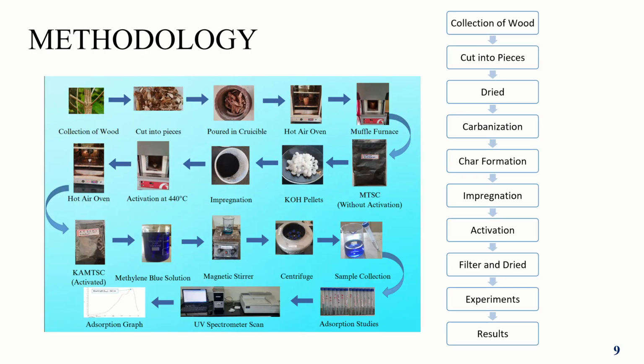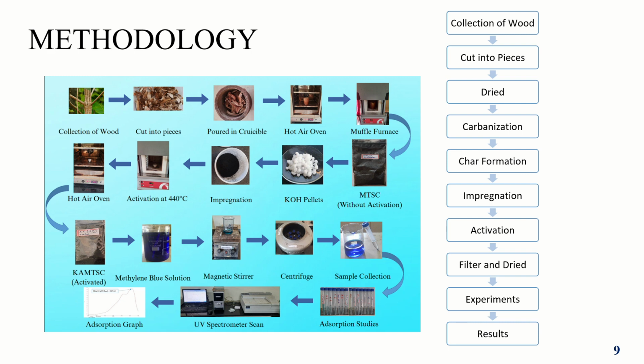This is the methodology. The process begins with collection of wood, cut into pieces, then poured into a crucible, hot air oven, then muffle furnace heating, and carbonization is done. It is mixed with KOH pellets for impregnation, then activation at 440 degrees Celsius, then dried in the hot air oven, and activated carbon is produced.